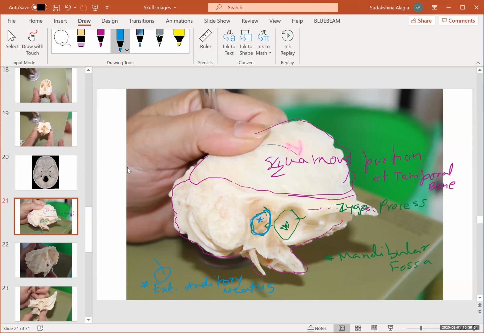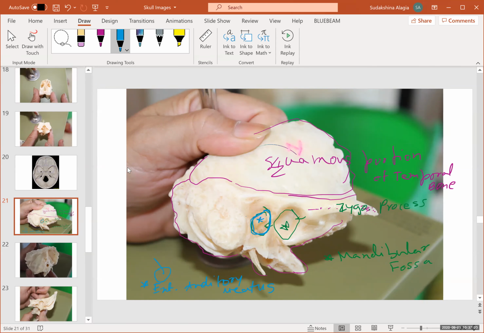Okay, now let's look at the mastoid process and the styloid process. The mastoid process is posterior to the external auditory meatus.